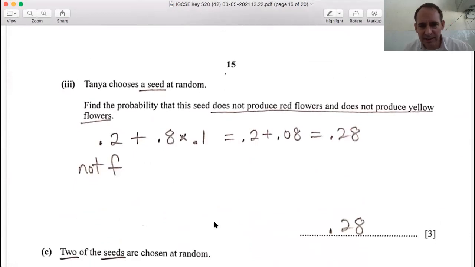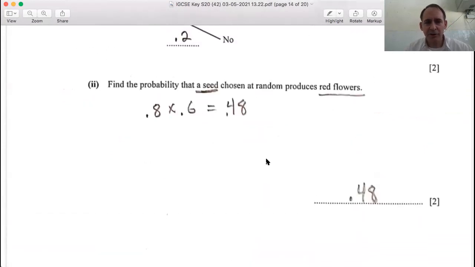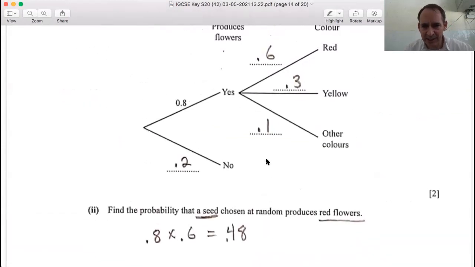Find the probability that the seed does not produce red flowers and does not produce yellow flowers. So there are actually two pathways where you can go and get a not red or not yellow flower. You can either get a flower that is of a different color, or you can have a seed that does not flower at all.